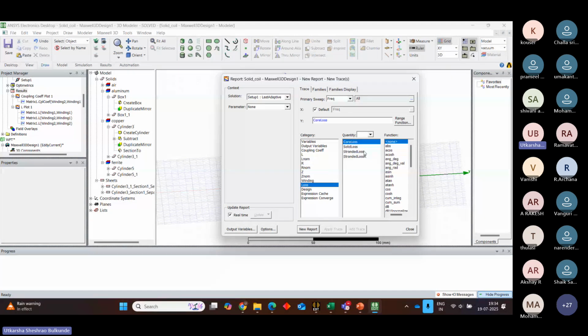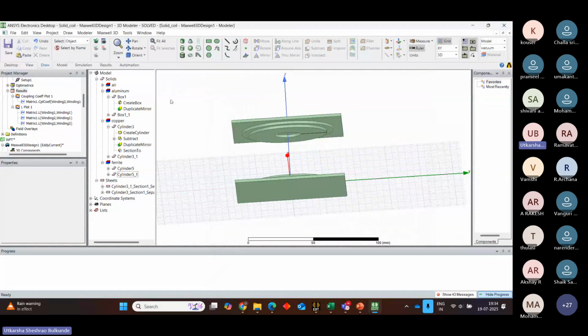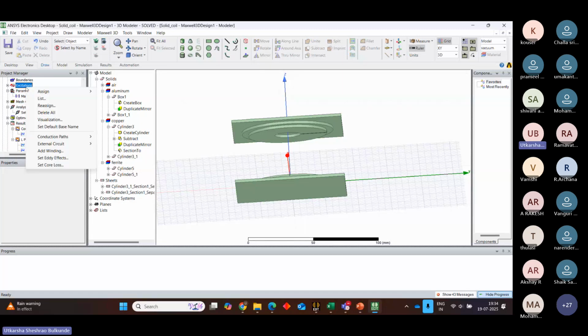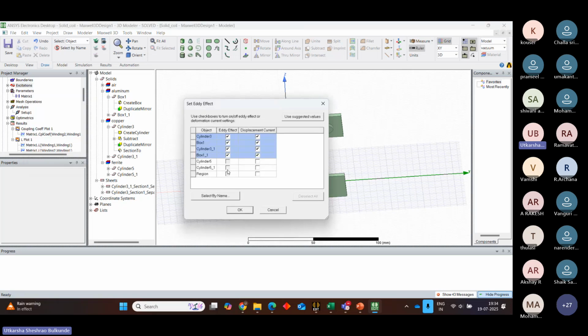Loss you can analyze, but I think we have not selected the options, right? For analyzing core loss, you have to set your core material. For eddy current effect, you have to select this.